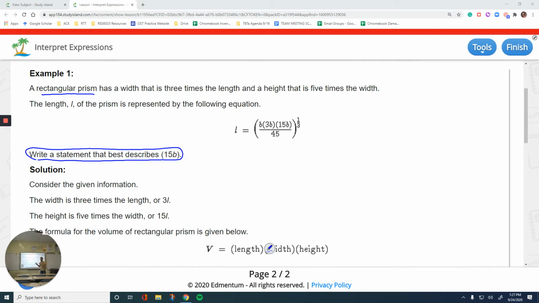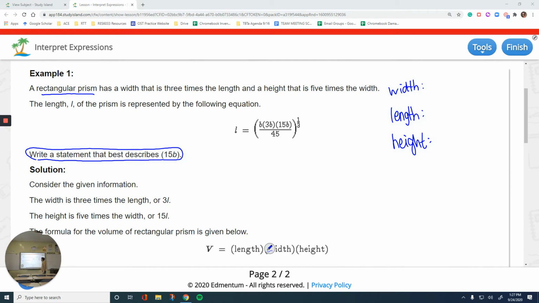Now let's see. It has 3 dimensions because it's a 3D figure, rectangular prism. Let's just write them down. A width, and then it has a length, and then a height. If I write it down this way, for me, it's going to be way easier.